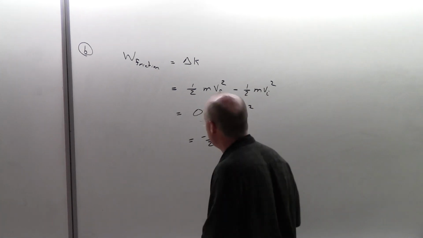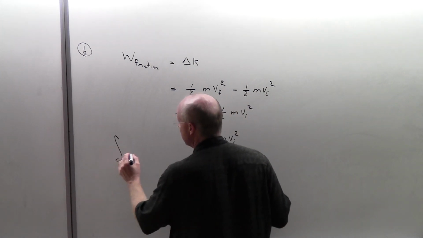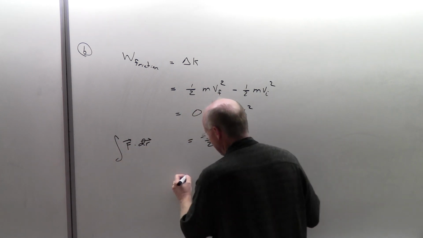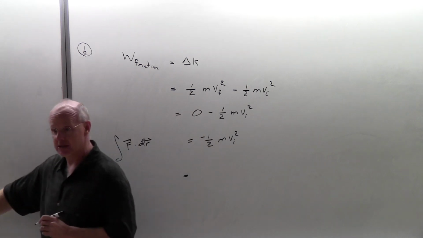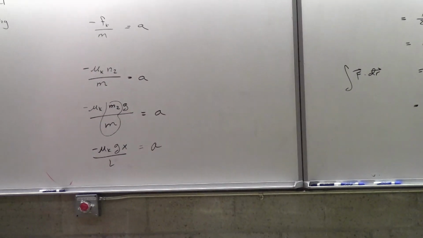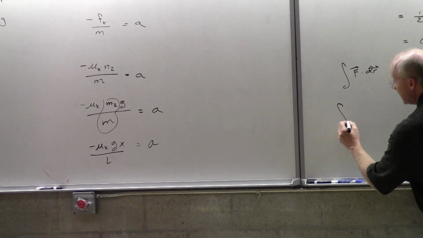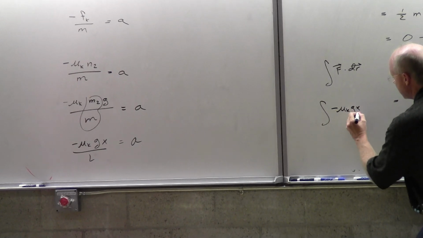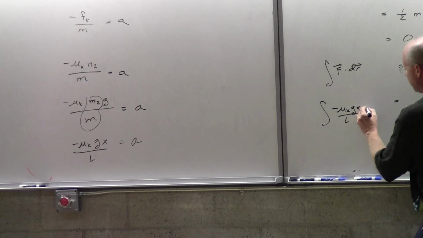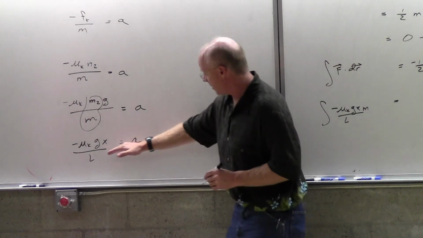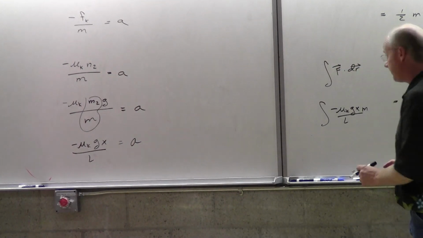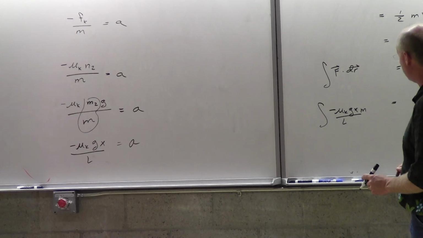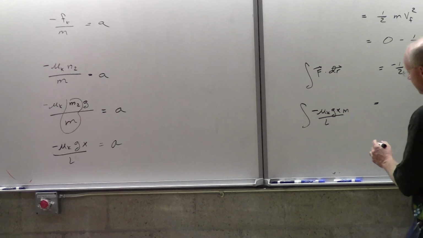The left-hand side is where it's going to get more interesting here. I got to do my F dot dr, and so that's why I needed this. There's my F. And so my F is a negative mu k g x over L, multiplied by m, so acceleration times the mass is my force from my friction.